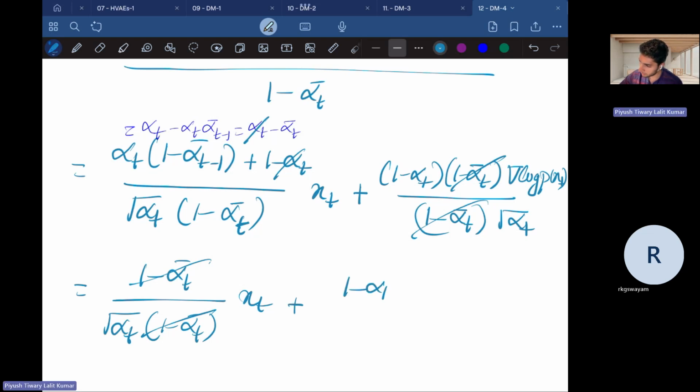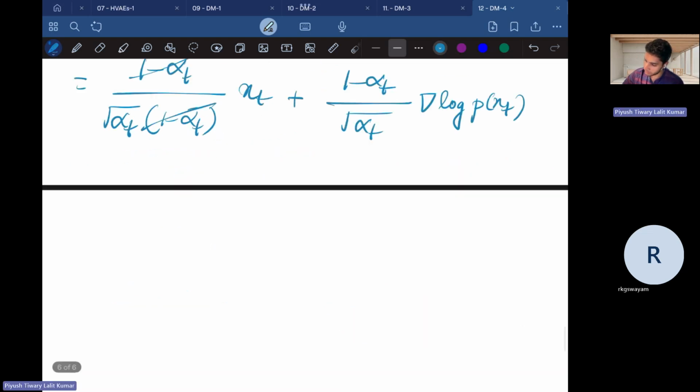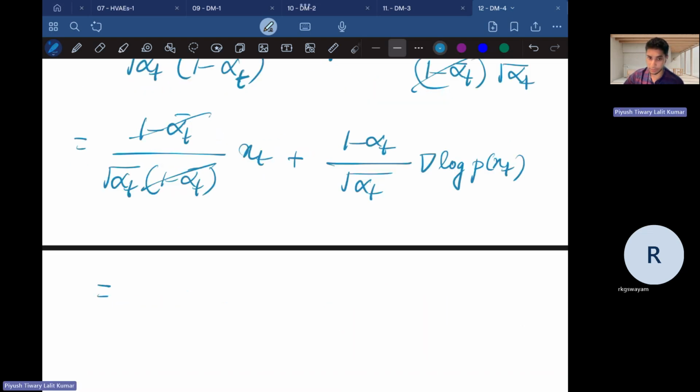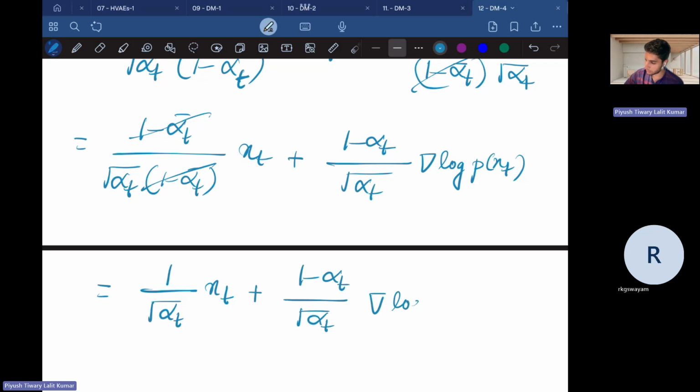plus 1 minus alpha t, whole thing divided by square root of alpha t, grad log p of xt, right? This thing becomes 1 by square root of alpha t xt plus 1 minus alpha t over square root of alpha t grad log p of xt.